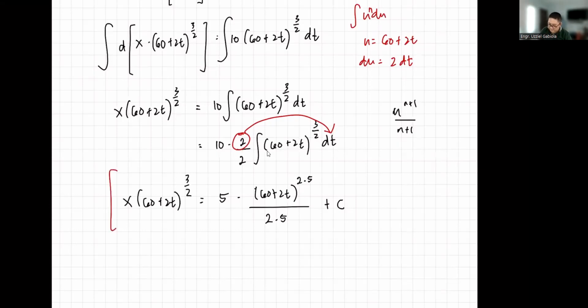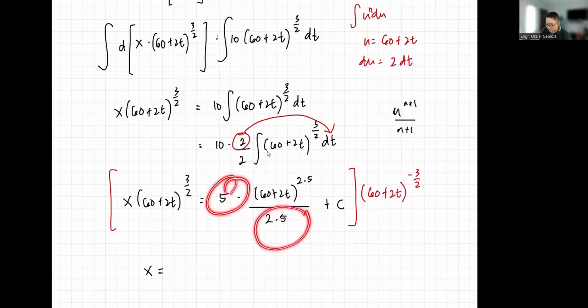Pwede natin gawin is i-multiply natin para ma-isolate yung x ng 60 plus 2t raised to negative 3 halves. Okay, so this will be x. Ito, 5 over 2.5, that is 2 times 60 plus 2t, at magma-minus to, no?